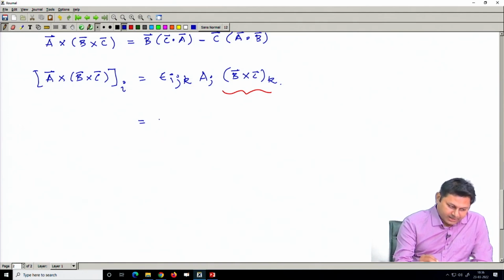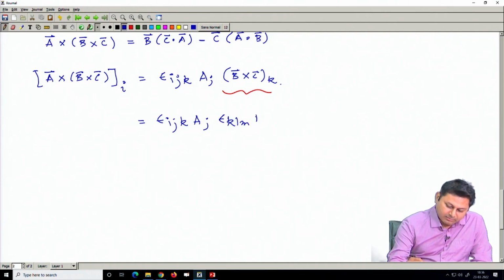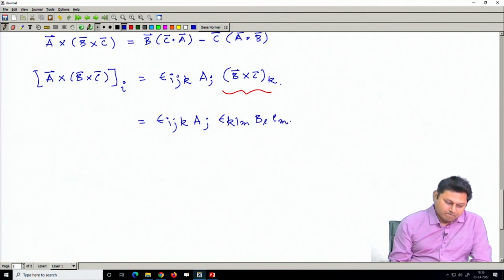So, now I have epsilon I j k and then A j, and this quantity I need to write as epsilon k, and then I need to use other indices L m because it is another cross product, and then B L C M. Okay.